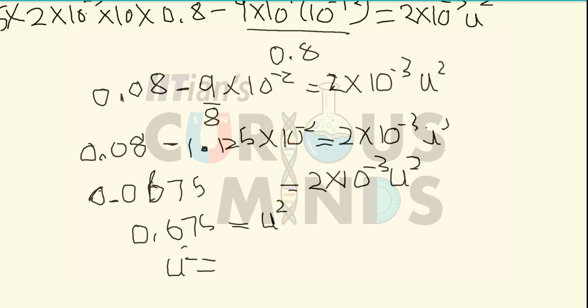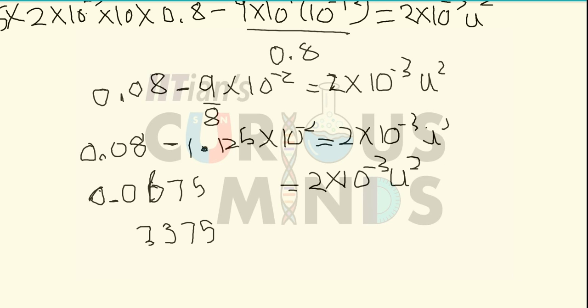So basically, if I multiply 10 raised to 2 divided by 10 raised to minus 3 over here, it will be equal to 3375 divided by 3375.